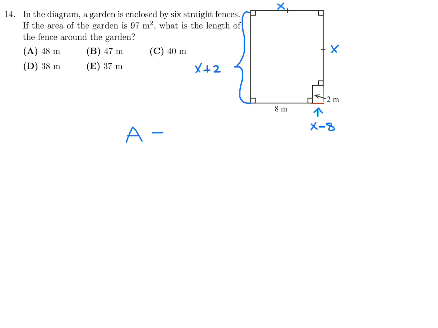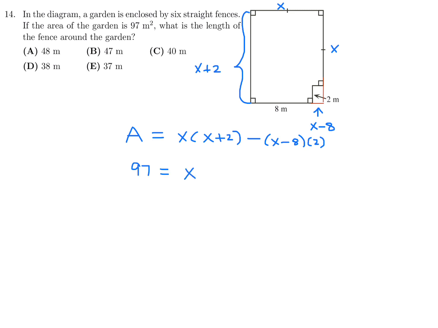So the area is the full area minus this little box that obviously I have to cut out. So the full is X times X plus 2. And then I have to subtract that little tiny box, and that's going to be X minus 8 times 2. And that area is 97. They've given you that in the question.